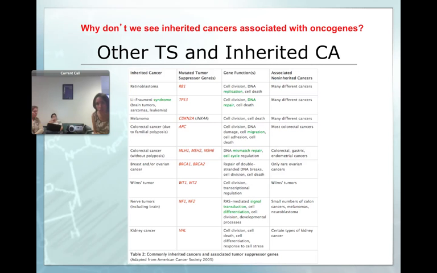Why would you not be able to see a hereditary form? Here we have all the hereditary forms of cancer that are due to defects in tumor suppressors, but there aren't any associated with defective oncogenes. Why?